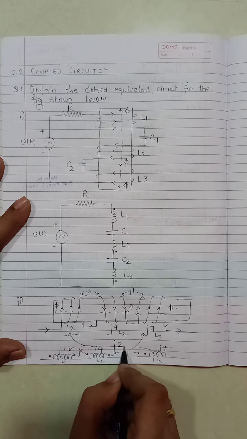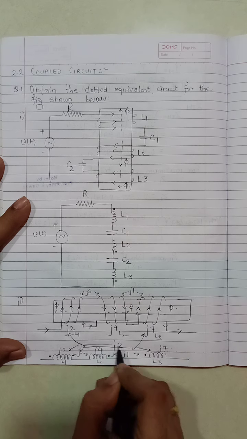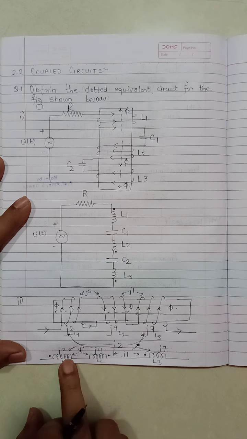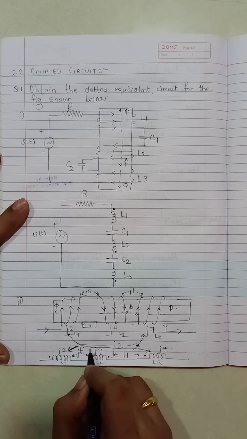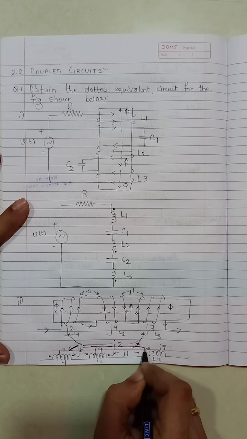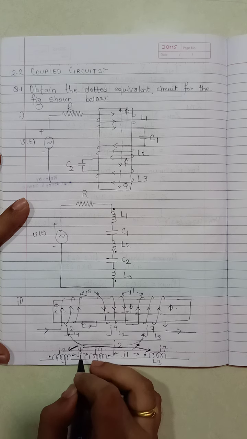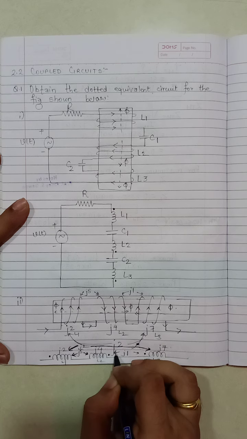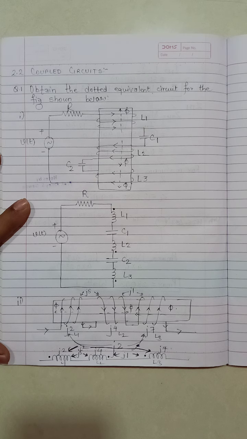Similarly here you have J2 between first and last. So this is how we make the equivalent circuit. If I make it dark, this is between first and third, this is between first and second, and this is between second and third. So this is how you make the dotted equivalent circuit.